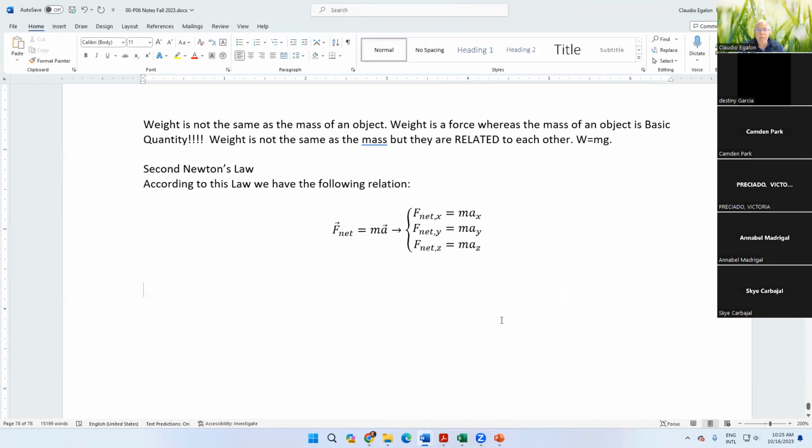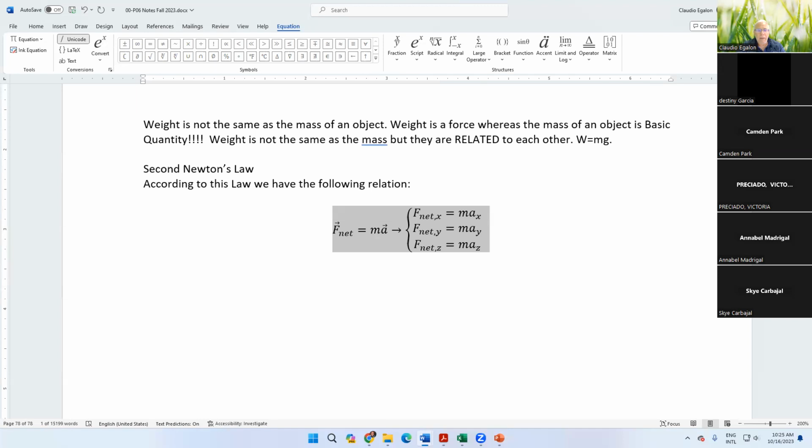So that's what you have to remember. This is a law of nature. It cannot be derived. That's why we cover acceleration, because the force is related to the acceleration, that is also related to the mass.